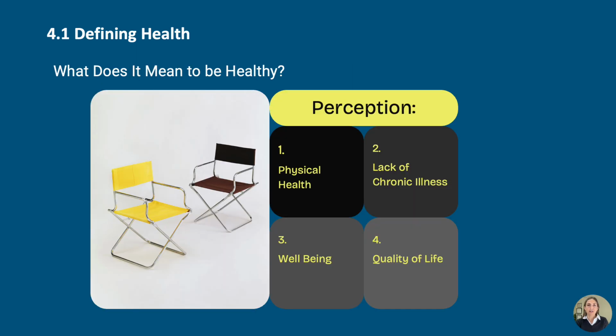So what does it mean to be healthy? Think first of your own definition, and then let's talk about this. Those who perceive health as a complete physical well-being may see themselves as unhealthy if they develop a chronic illness. So we can think of someone who maybe didn't have a chronic illness their whole life and then developed, let's say, metabolic syndrome, and now they see themselves as unhealthy.